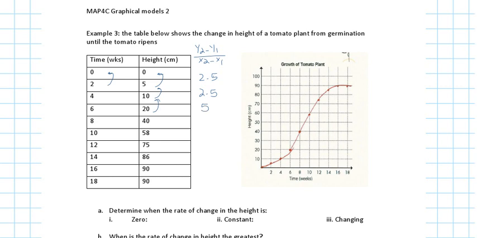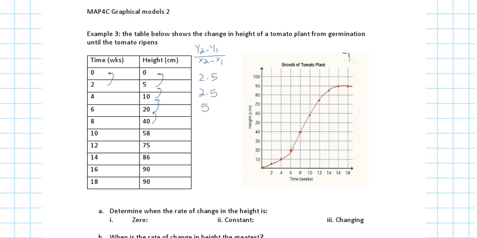It's 20 minus 10, which is 10, divided by 6 minus 4. Then 40 take away 20, that's 20, divided by 8 minus 6, which is 10.